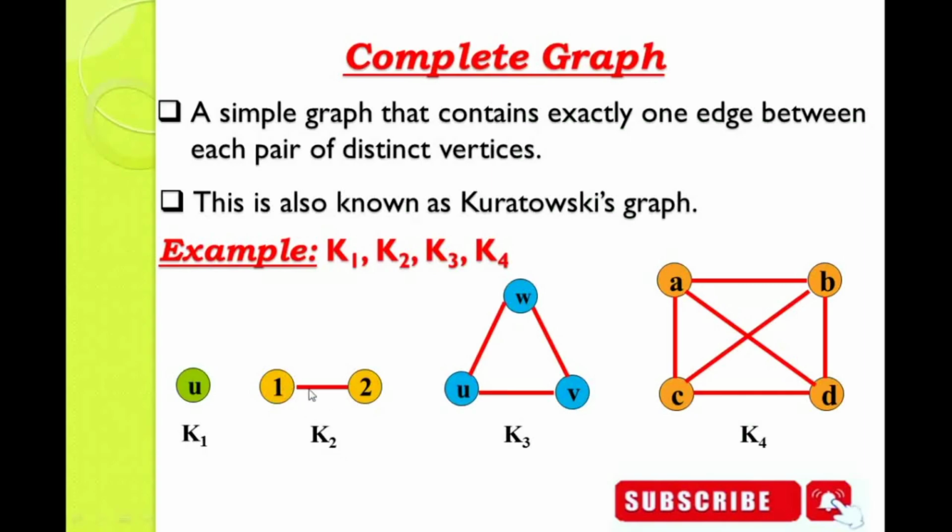Each vertex has 1 edge. K3: n value is 3, so each vertex has n minus 1, which is 3 minus 1 equal to 2, so 2, 2, 2. Next K4: four vertices, each vertex has n minus 1 edges, n value is 4, so 4 minus 1 is 3. Each vertex has 3 edges.